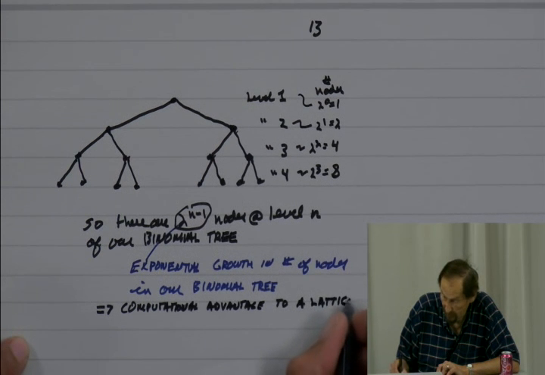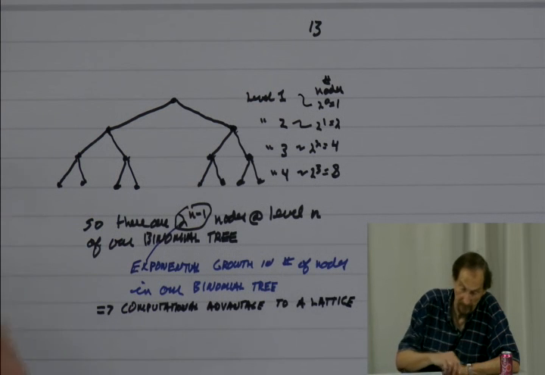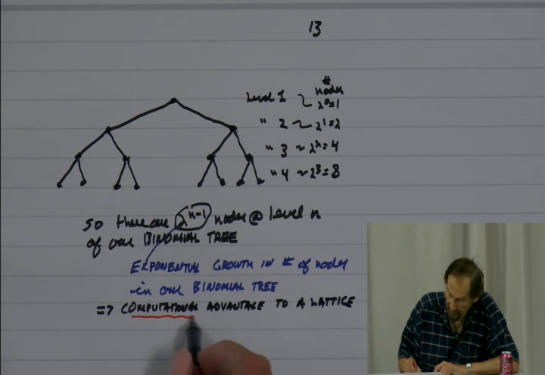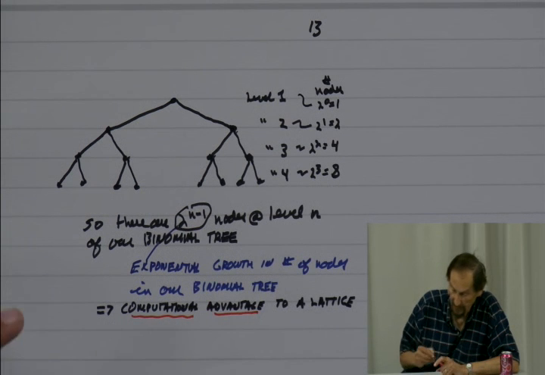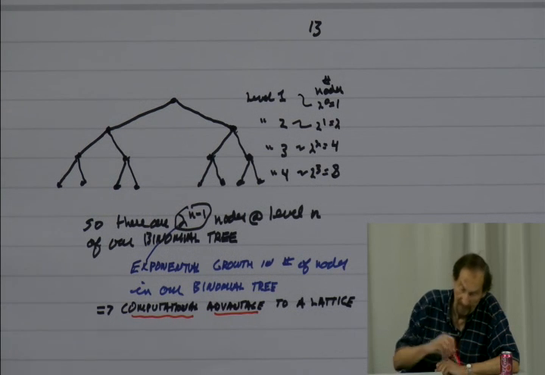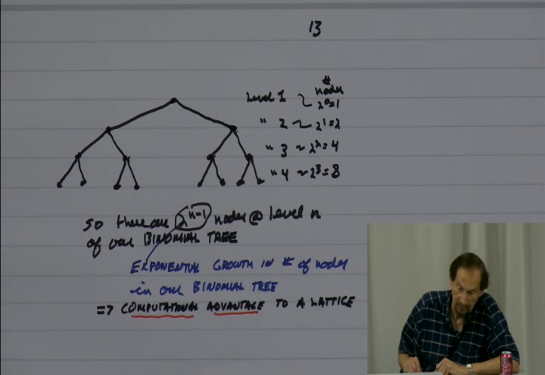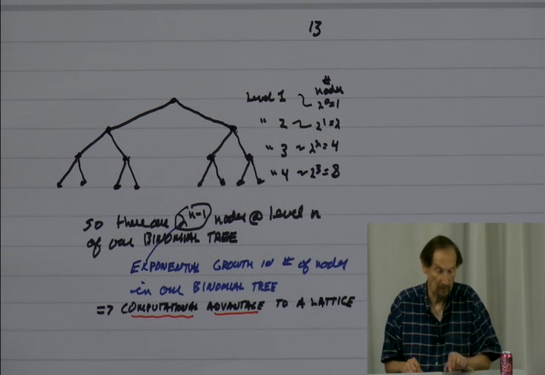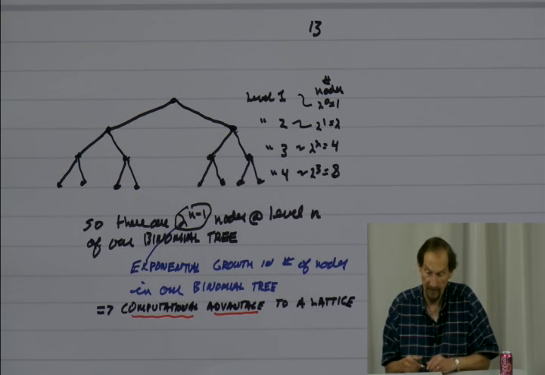It's a very important computational advantage. It makes it easy to compute because on a lot of nodes there are a number of ways to get there. Whereas in a tree, our computations go up exponentially. In a lattice, it goes up linearly.